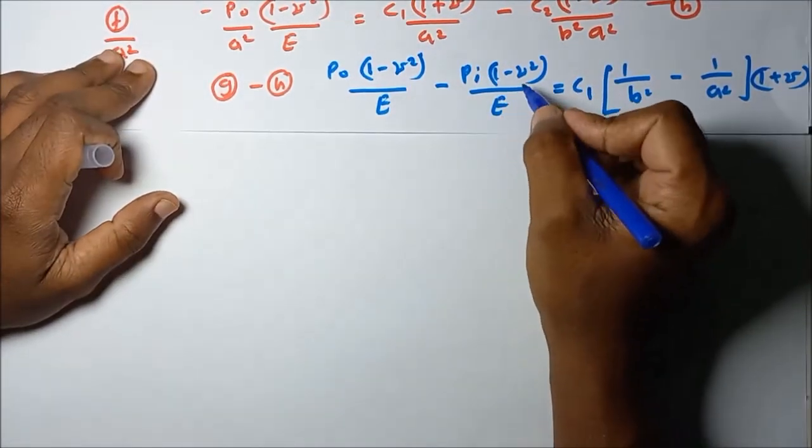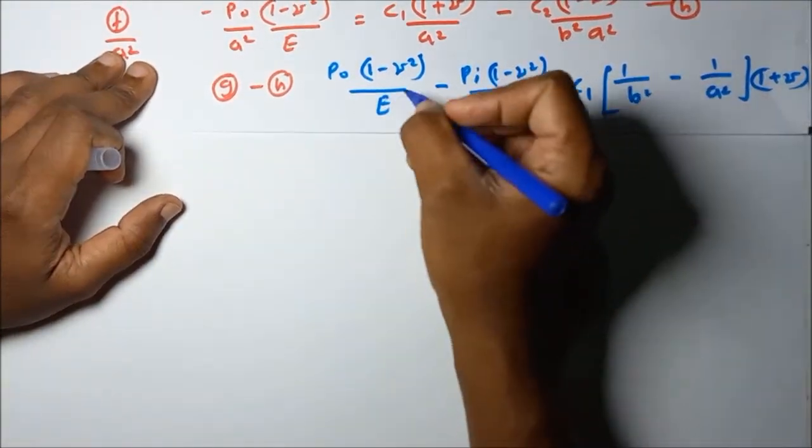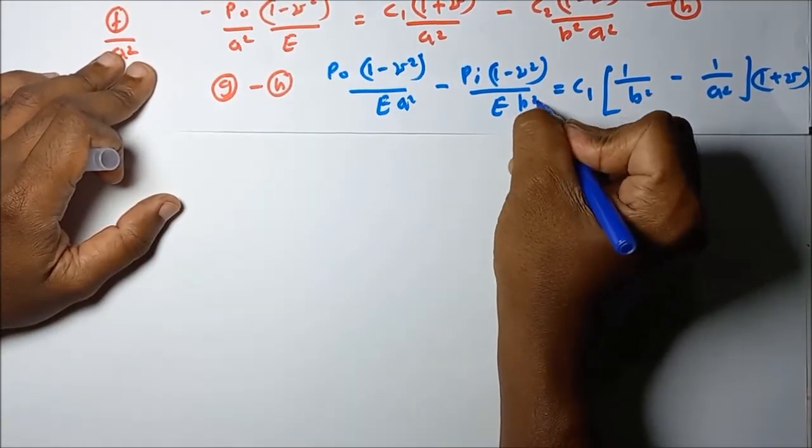Sorry, in this equation p naught divided by a square, here b square.